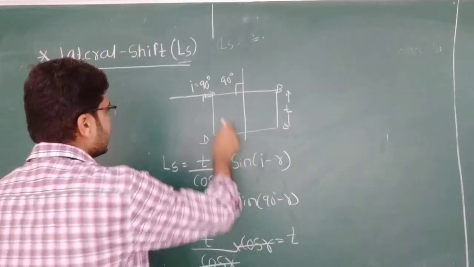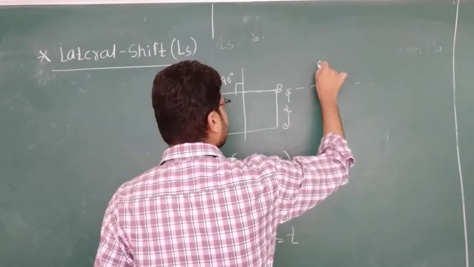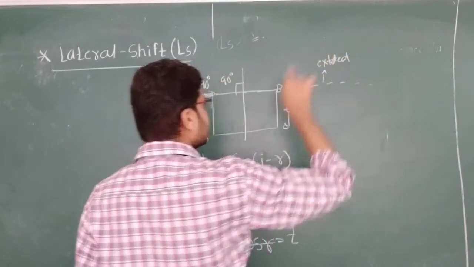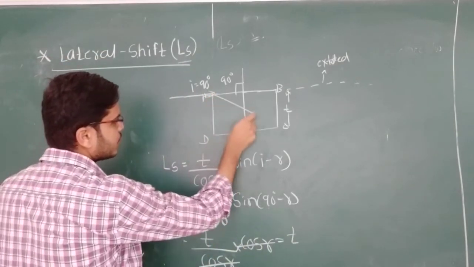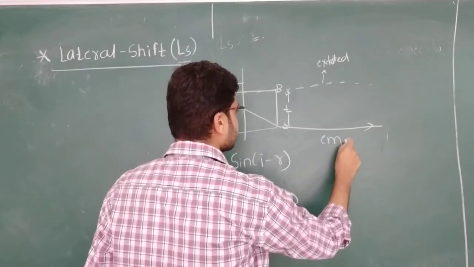Look here. It will be going like this. This is the extended ray, the incident ray extended. Due to refraction, this is the emergent ray.